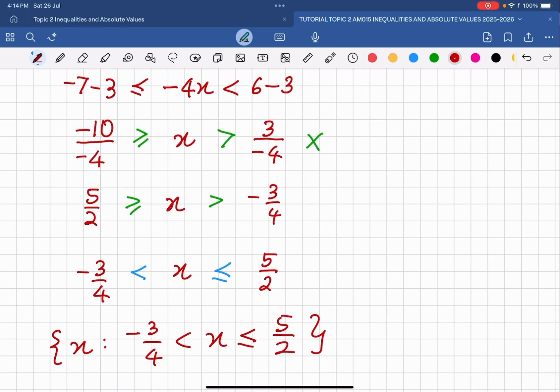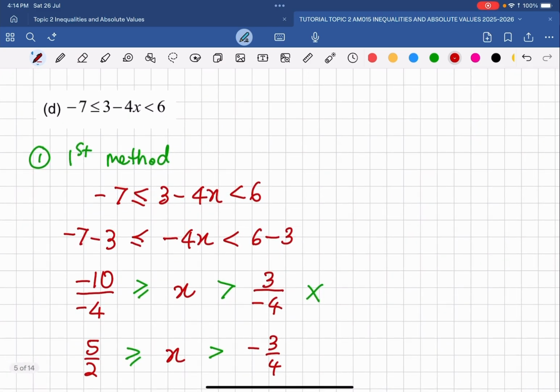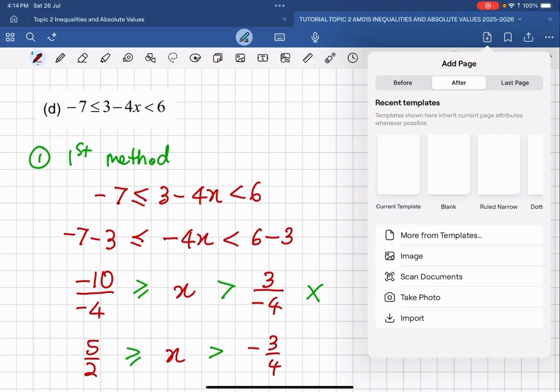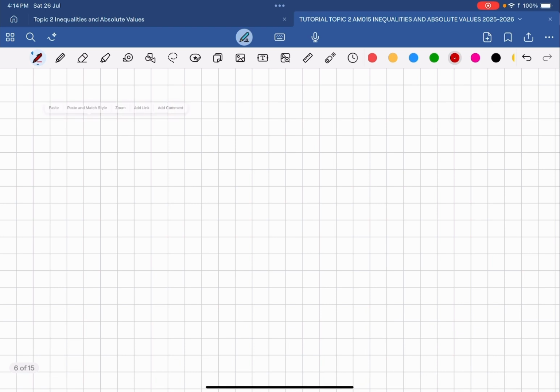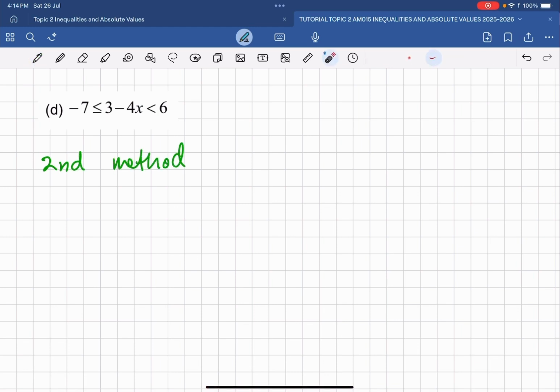Let me show you another method of solving this question. If you're using the second method, it is applicable for all kinds of situations.